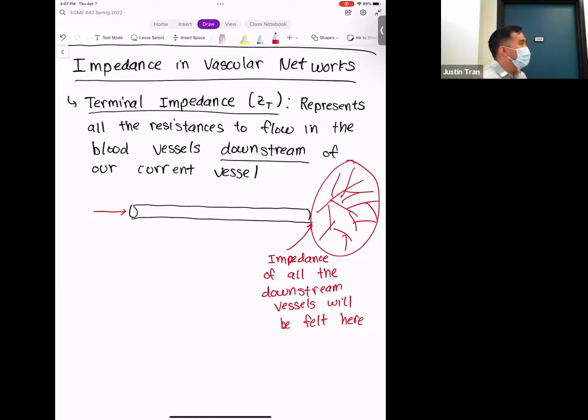For people living in Southern California, I think you understand fluid mechanics a lot better than you think, because everyone here knows what traffic feels like. Even though we have resistances in the downstream vessels, that's still felt upstream on the tree, because all the fluid there is connected.